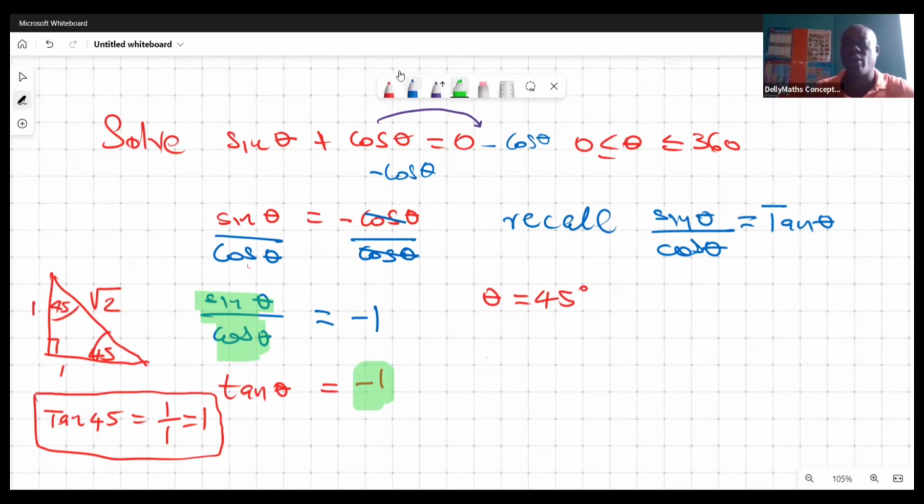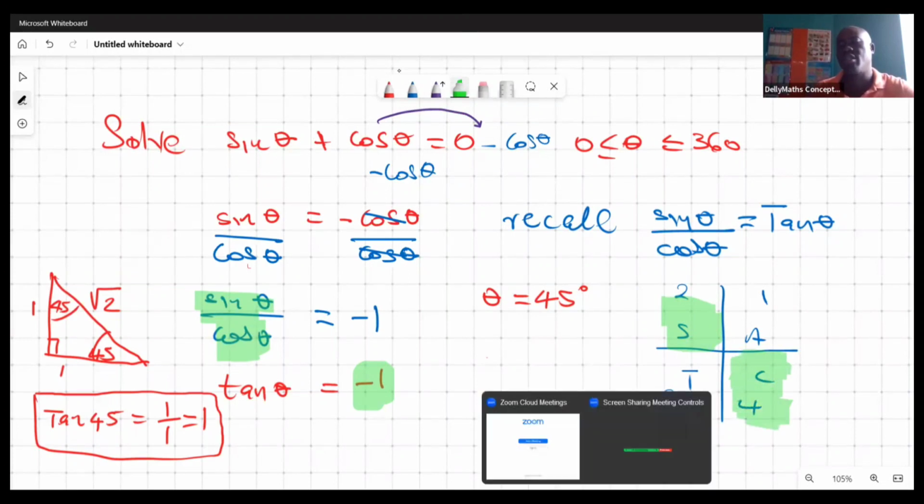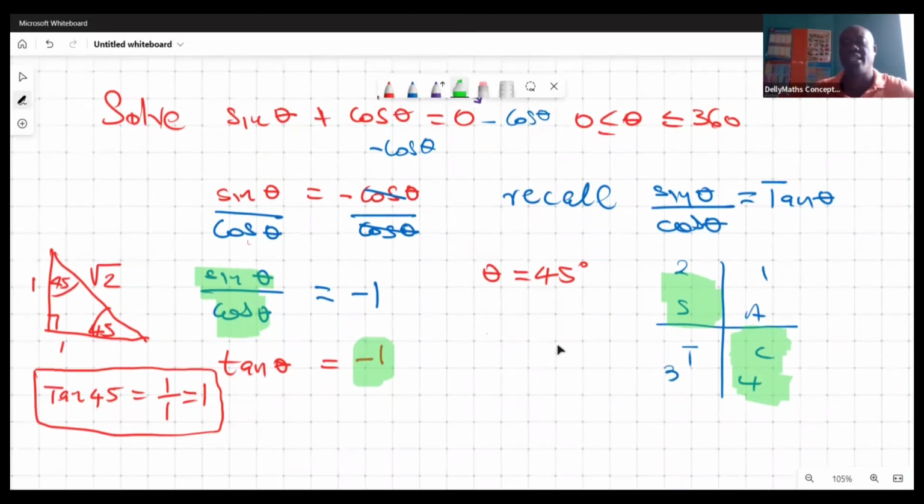So I want to go to my quadrants, trying to remember where tangent is negative. So we're talking about quadrant 1, 2, 3, 4. It's in the second quadrant and in the fourth quadrant. So in those two quadrants, everything for tangent is negative. How do we get those responses?